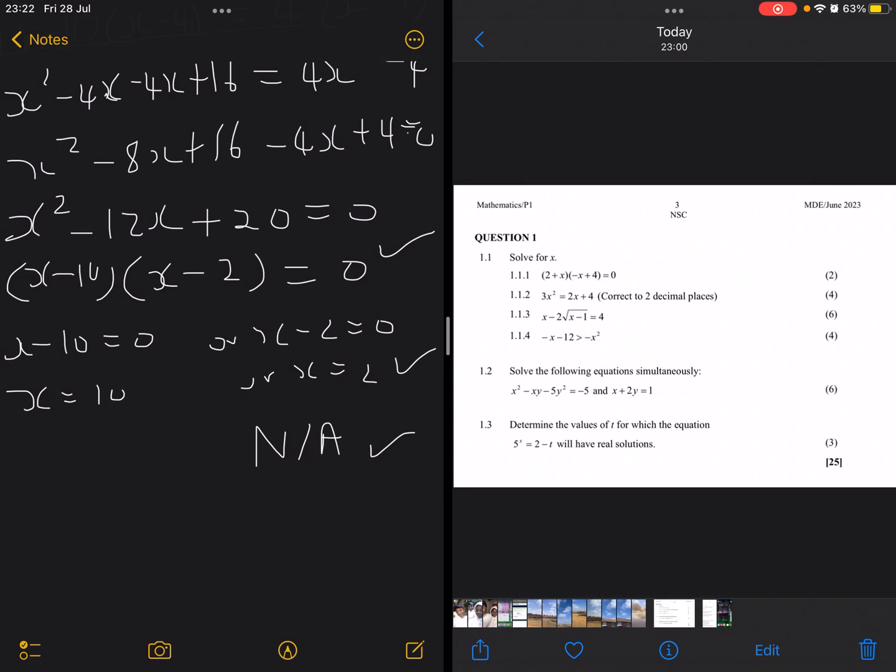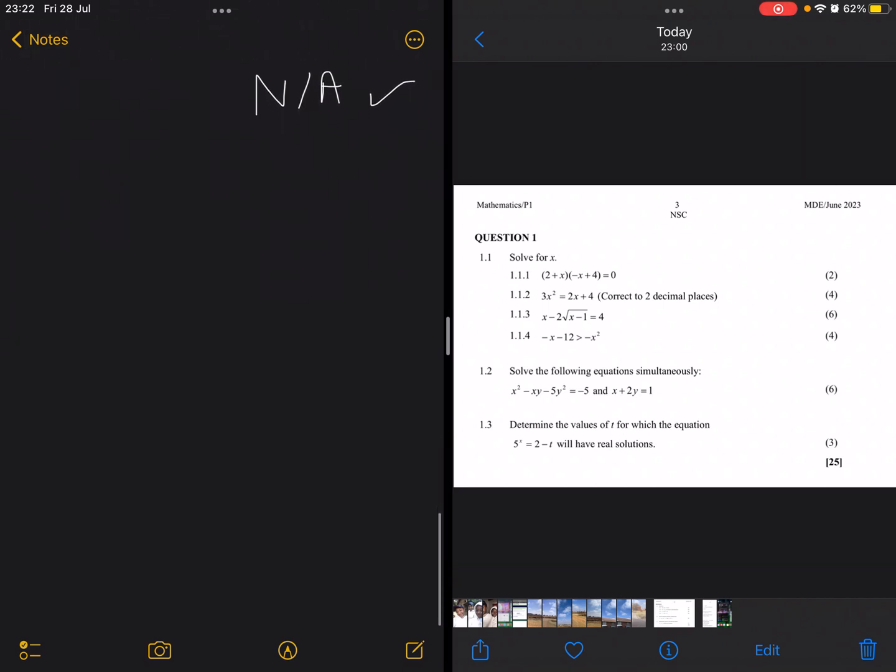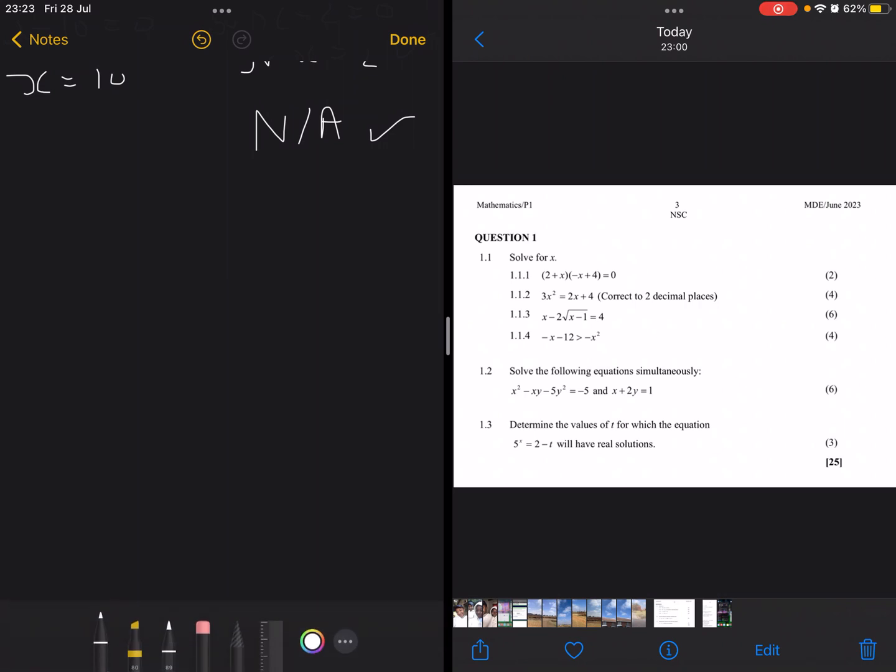Next up, I think I should stop at 1.1.4 and then we'll continue the other one. Next up will be 1.1.4, the inequality. Now in 1.1.4, we're doing the inequality, of which is negative x minus 12 greater than negative x squared.